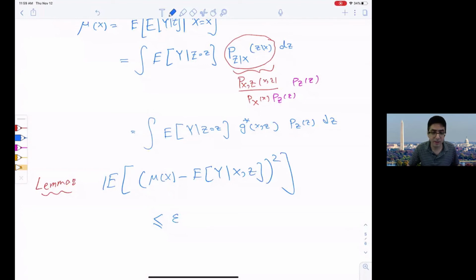Okay, do you guys see my screen? Okay, good. So, Zoom glitch.